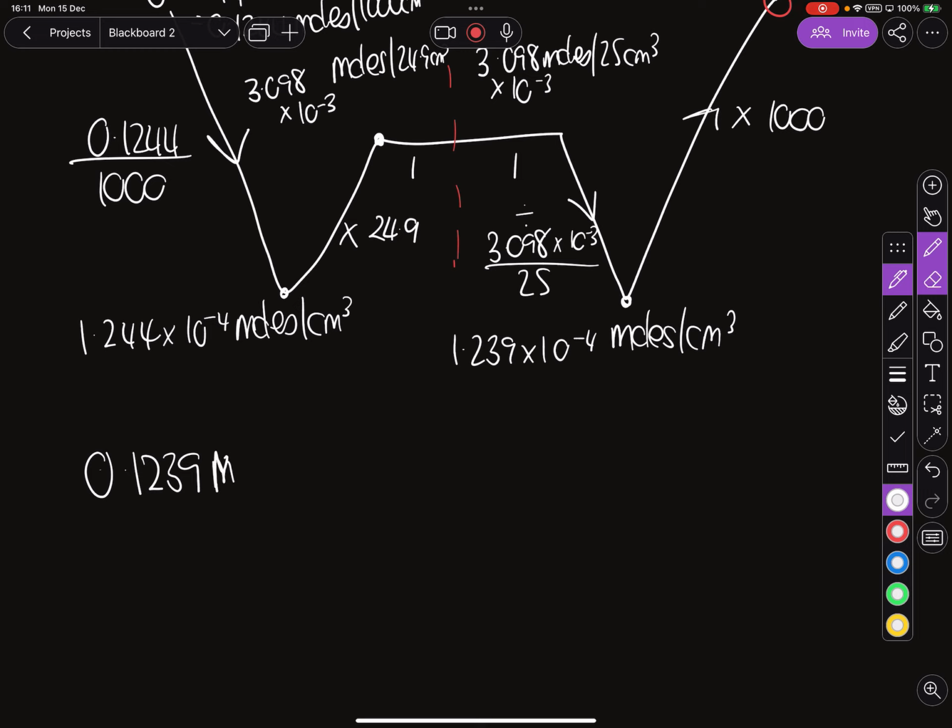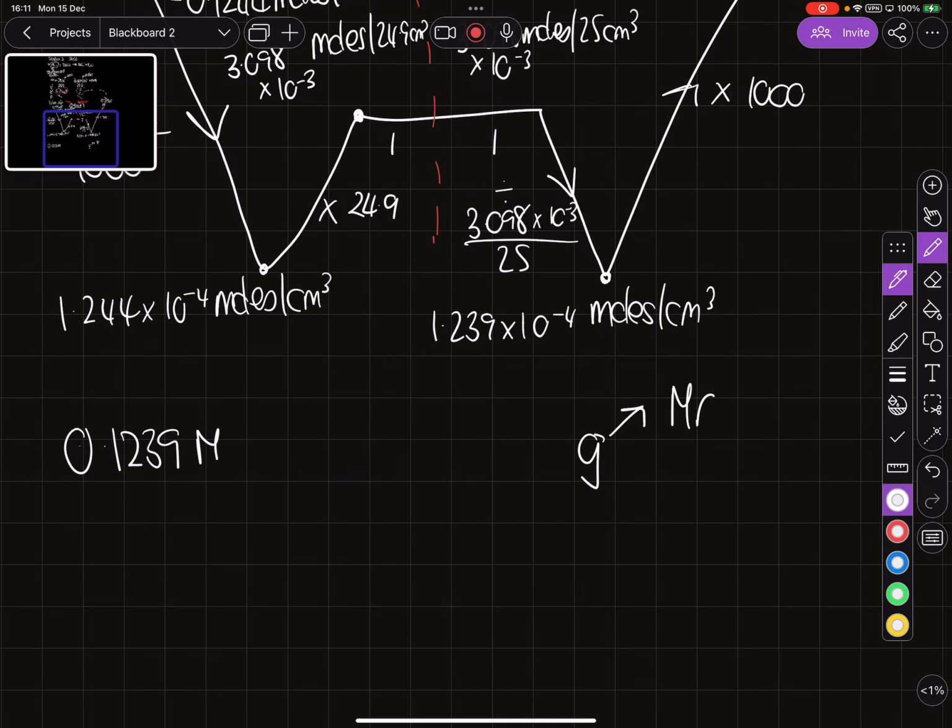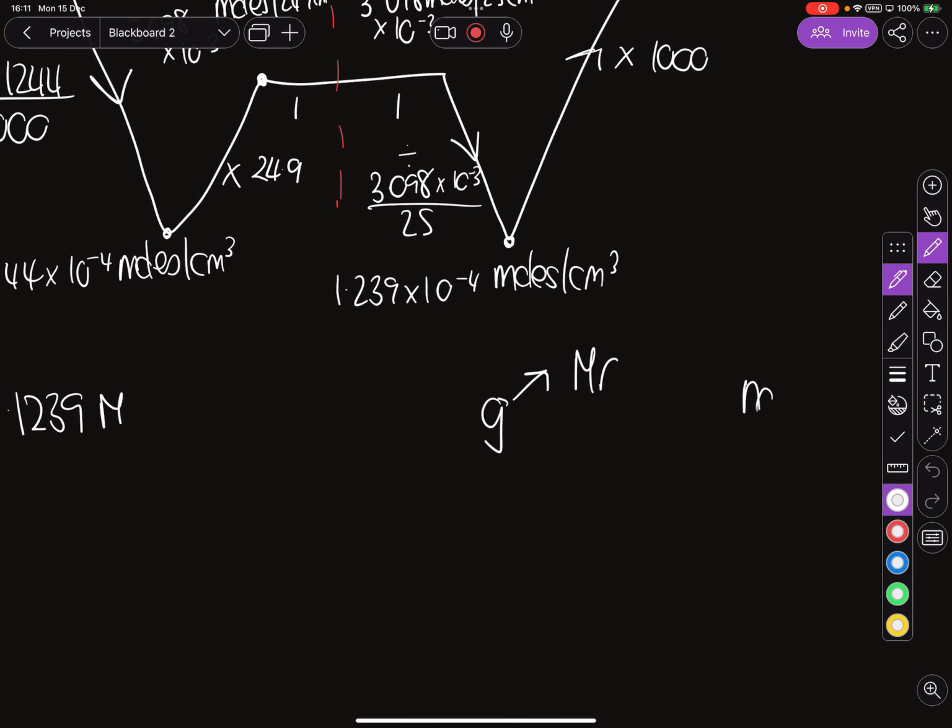So this is the big M value here, 0.1239 big M. We know we want to turn it into grams. Every time you have to convert something into grams, you know that there's a molar mass calculation that has to happen. So this is how I'm asking you to do your layout.